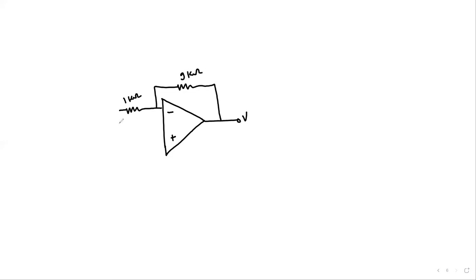Similarly, we now have V1 shorted and V2 active. So let's draw the case. So you see here R1 is 1 kilo ohm as usual. We have this 1K, this is 9K.